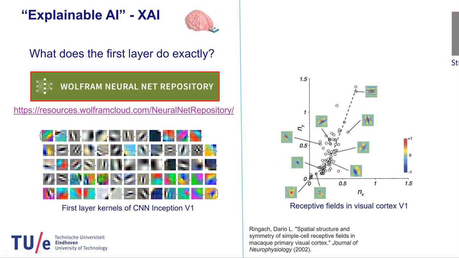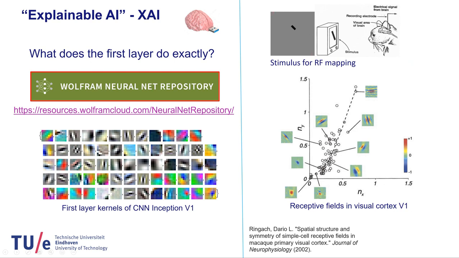To the left is from a visual neural network, and to the right is measured by sticking a needle in one of the cells in the cortex of a mouse, of a cat, and showing the cat a stimulus. And you see there are black and white points here. And with a histogram-based technique, you can then measure and map all these receptive fields.